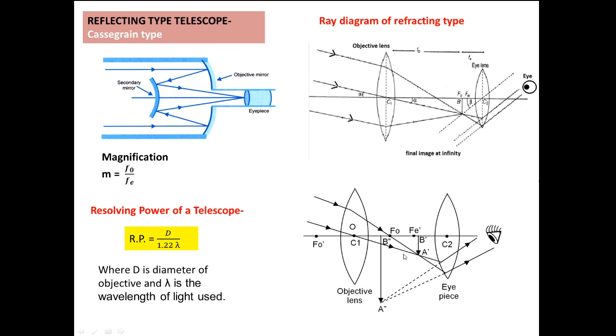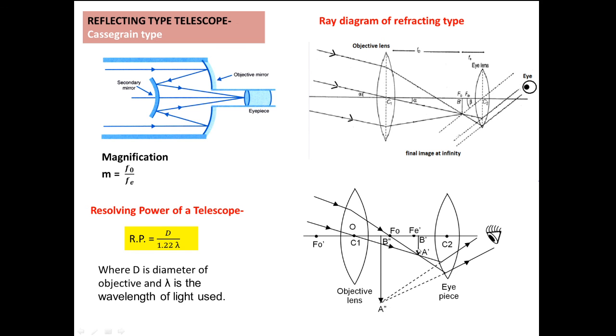But see here, in the second diagram, again the parallel light is coming and converges here at the focus, at a point, but now this eyepiece is adjusted in such a way that this image A dash B dash lies within the focal length of the eyepiece.